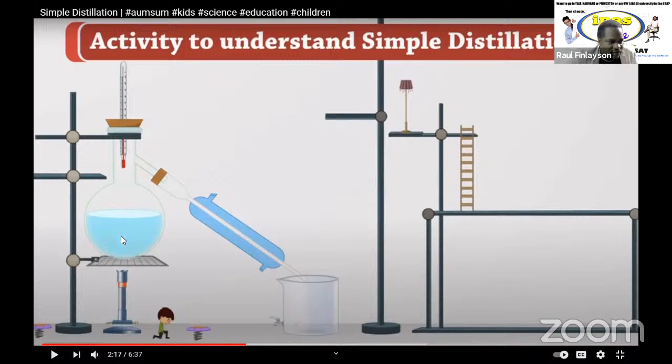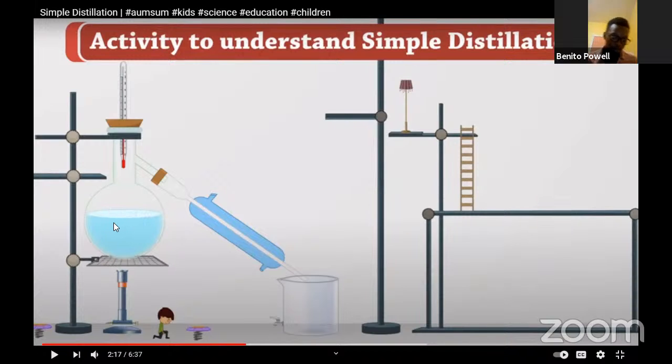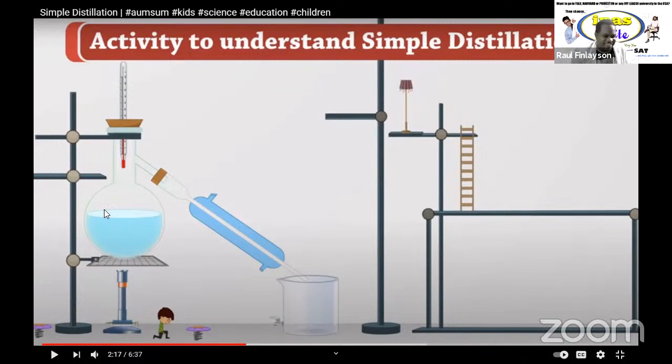Well, this little glass thing here, anybody know the correct name for this thing that has the water looking? Is it a distillation flask? Distillation flask. All right. Actually, you probably will get away with that, especially at CXC level.